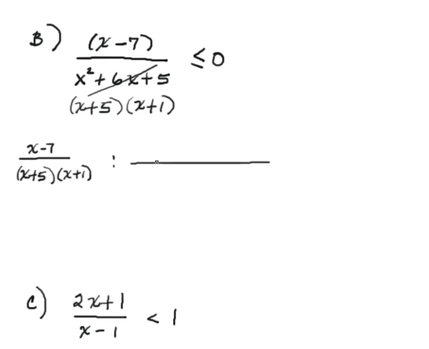So I'm going to put minus 5. Of course, we do this in order. Open circle, because that's a zero of the denominator. And minus 1, again, open circle. Both minus 5 and minus 1 are not in the domain of this expression. And then 7 gets a closed circle.